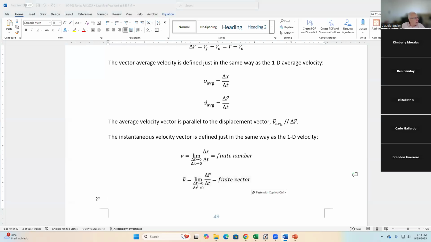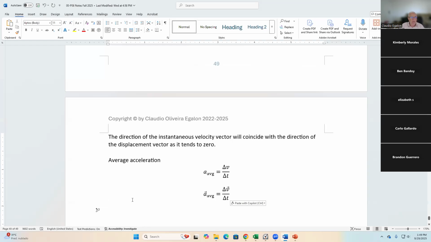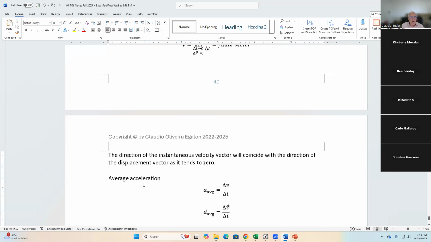And now let's talk about the average acceleration vector, right? We didn't talk about that yet. I was elaborating on the instantaneous velocity vector, and I'm going to come back to that. The direction of the instantaneous velocity will coincide with the direction of the displacement vector as delta t tends to 0, and we have already seen that.